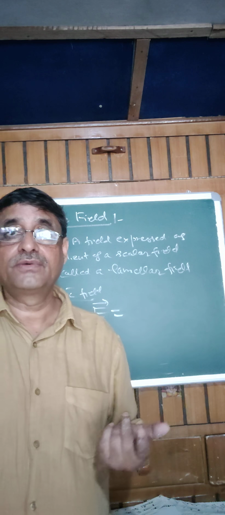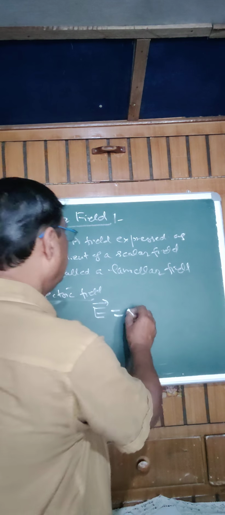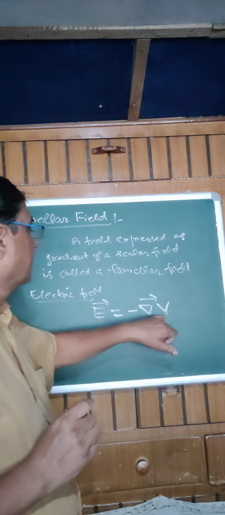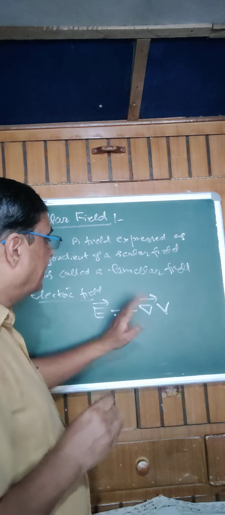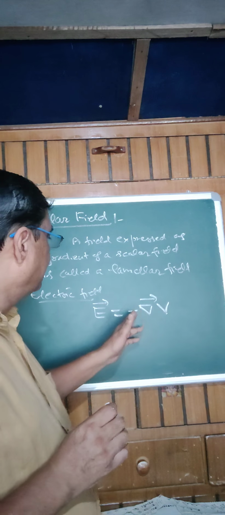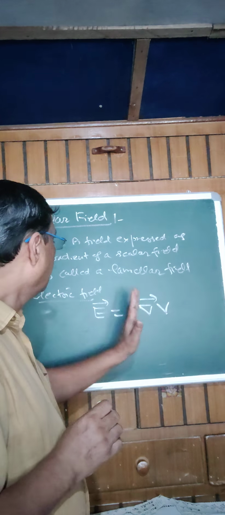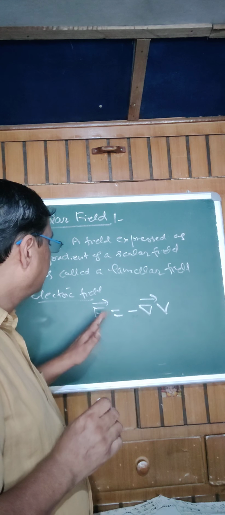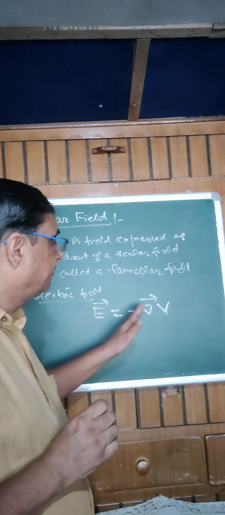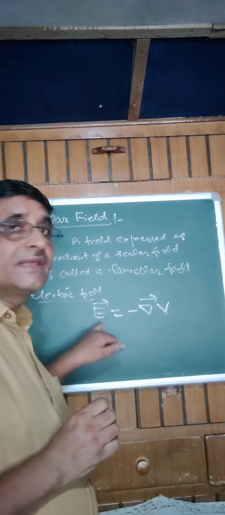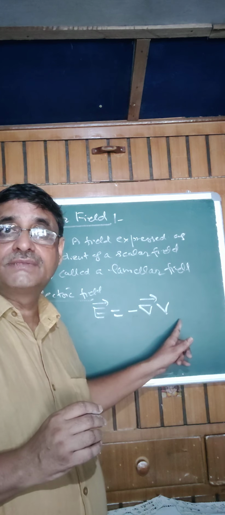As we go ahead in electricity and magnetism, many times we'll write that E can be written as minus del V. Leave the negative sign aside for now; it has physical significance, and I'll tell you what it means whenever we write it. For now, E is equal to del V with a negative sign. So the electric field can be expressed as the negative gradient of electric potential.